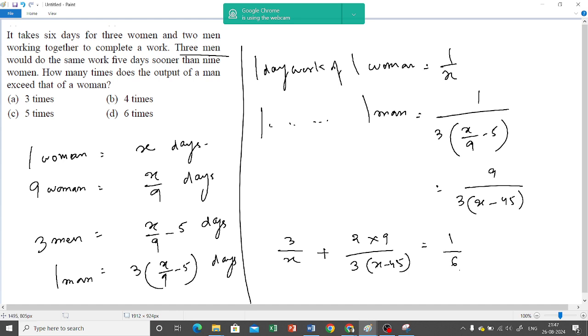It takes 6 days for 3 women. So the 1 day work of one woman is 1 by X, so 3 into 1 by X. And 2 men. So the 1 day work of one man is this thing, so 2 men is going to be 2 into 9 by 3 into (X minus 45). And it takes 6 days, so that means 1 by 6.